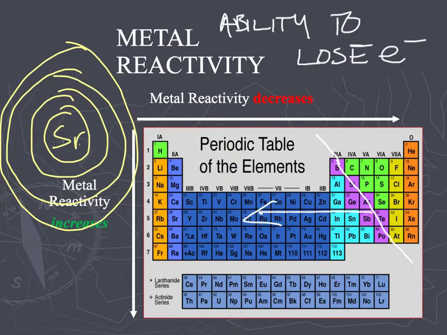Let's just do that for strontium. As you go down further and further, you have more electron shells, and therefore the outer electrons are so much more shielded from the nucleus that they're easy to release. They're easy to lose because there's very little pull from the nucleus, because of all the shielding going on.